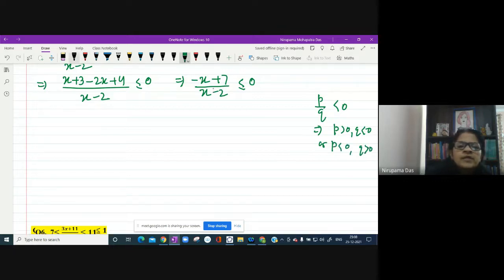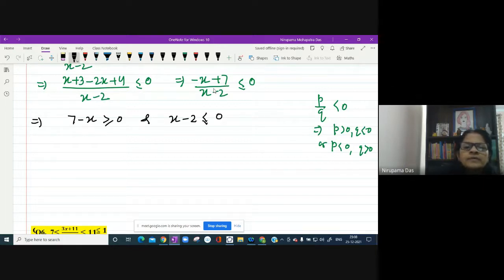A similar situation happens here. So we can write this implies -x+7, I mean 7-x, greater than or equal to 0 and x-2 less than or equal to 0.